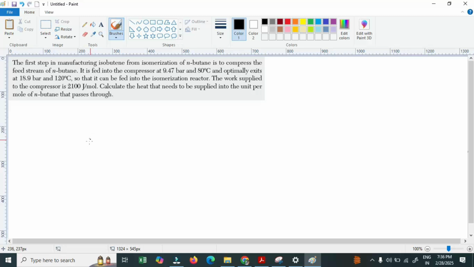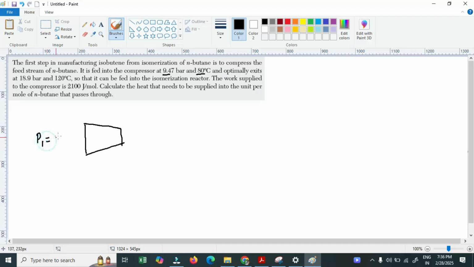Here, as per the problem statement, P1 and T1 are given. So P1 equal to 9.47 bar, then T1 equal to 80 degrees Celsius.